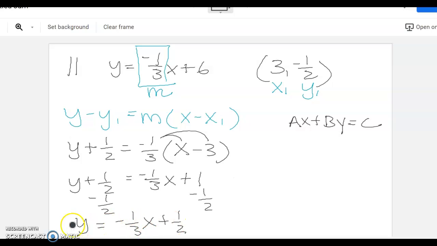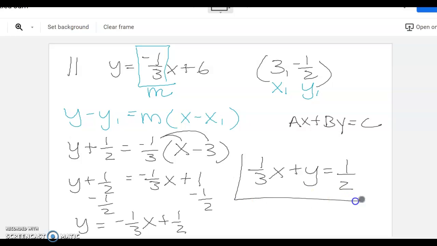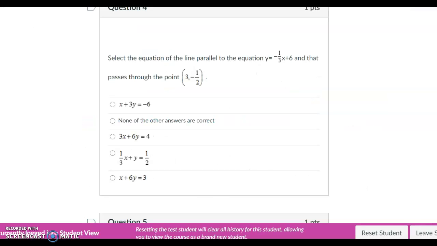And when I add it over here, I'm going to have 1/3 x, because I want a positive version if it's negative, plus y equals 1/2. And so what I've done is I've taken the equation and put it in the form that's going to match all the answers. And then I can see in my answers that that one is right there.